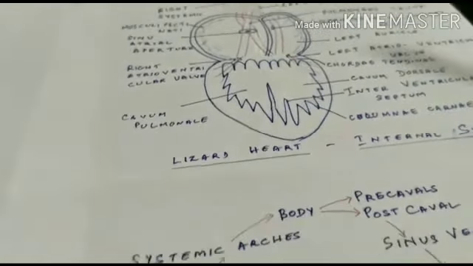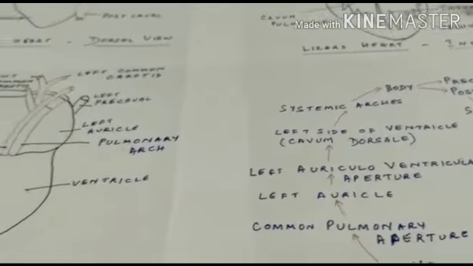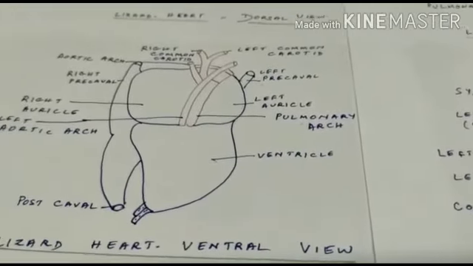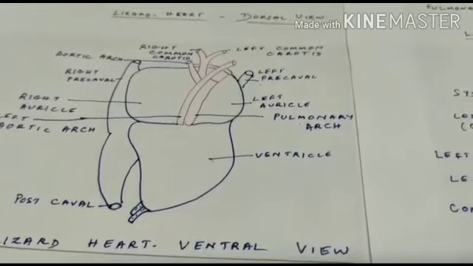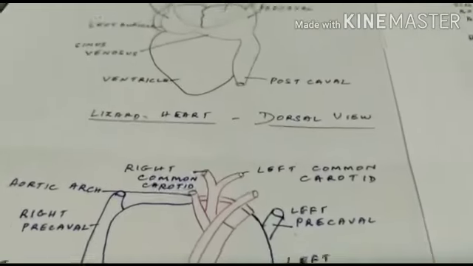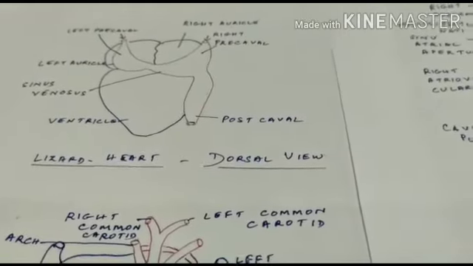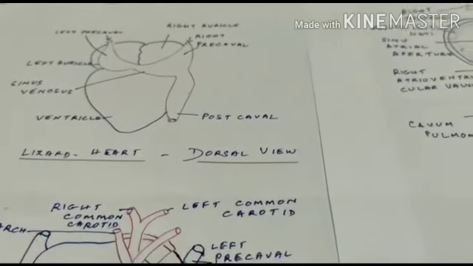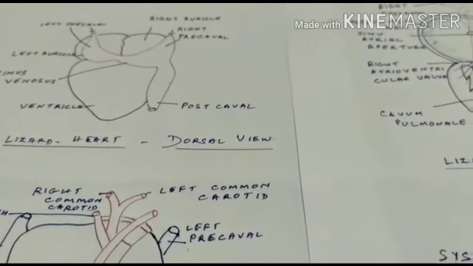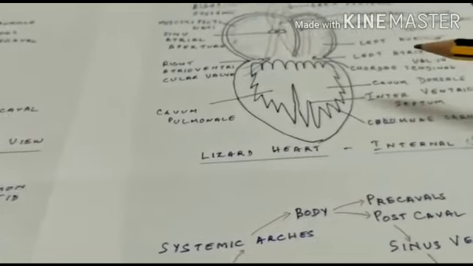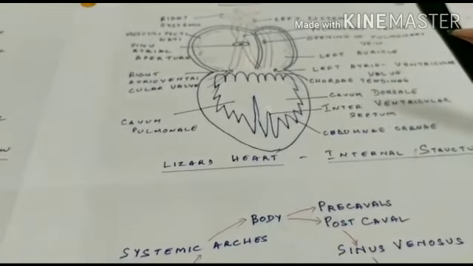So in today's class we have studied the circulation of blood in the lizard, and we have tried to understand the different parts of the heart, that is two auricles and a ventricle. Then we have tried to understand the inner parts of the auricles and ventricles.